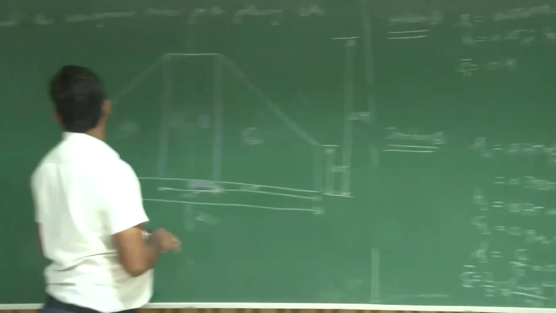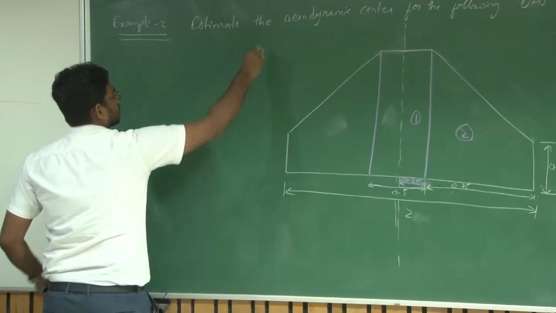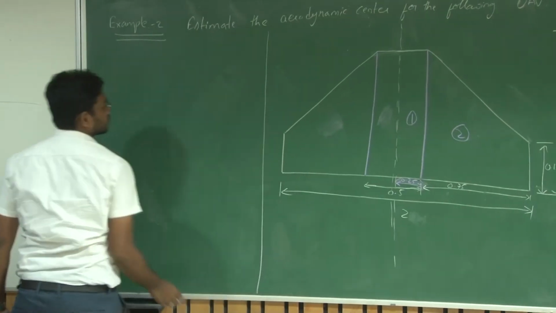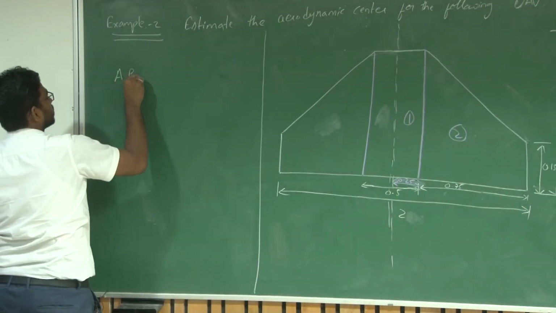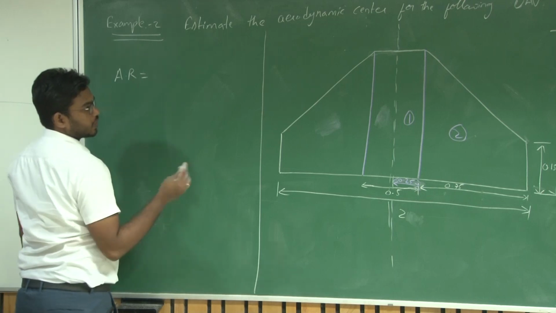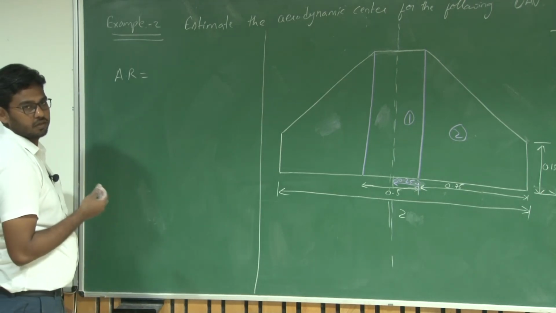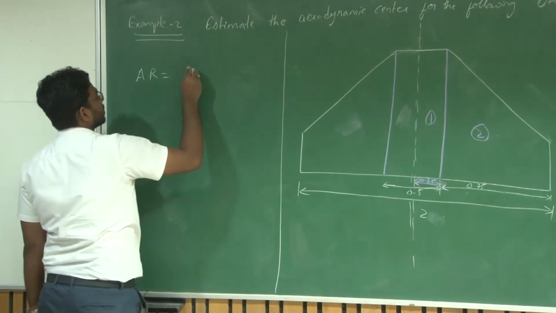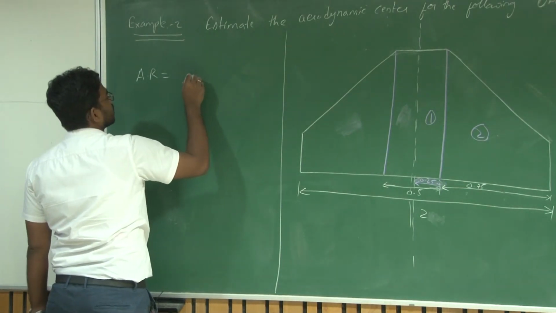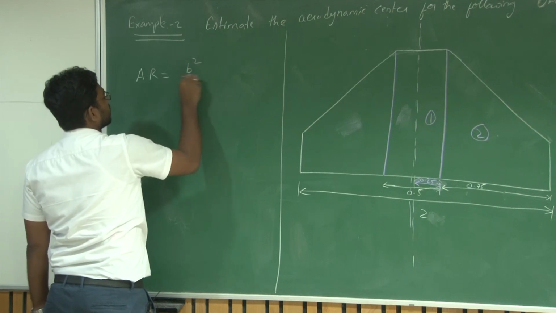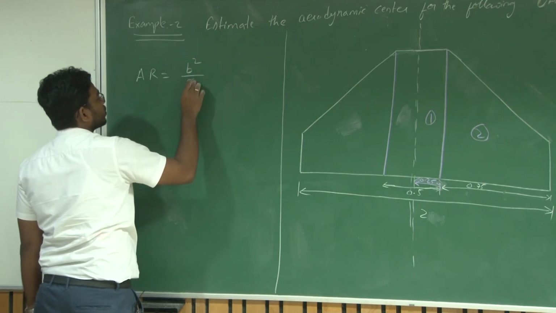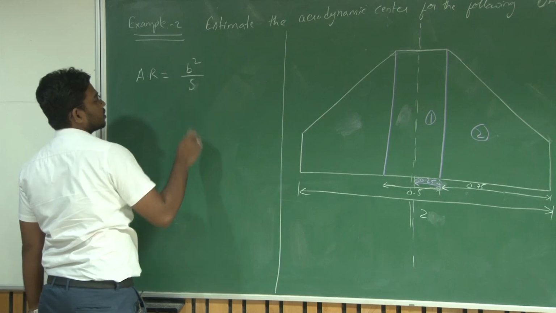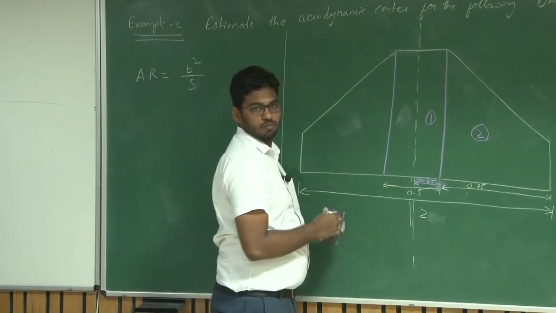Now what will be the aspect ratio of this configuration? Aspect ratio can also be obtained by this weighted average. From the definition, if you remember, it's B square by S, which talks about both the sides.